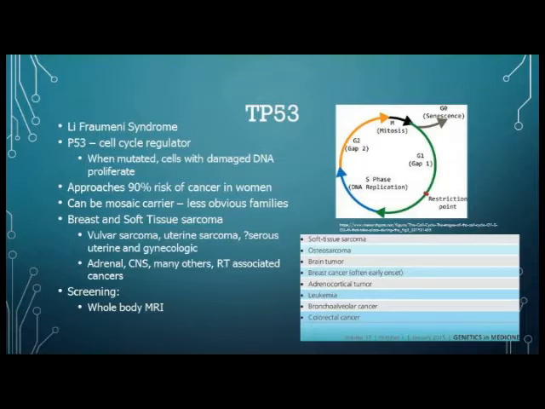So your sarcomas, brain, breast, leukemia is in there. They're much more sensitive to getting a radiation-associated cancer, which tend to be sarcomas, so that kind of makes sense. So the screen is actually whole body MRI, so you get quite the imaging if you have this.